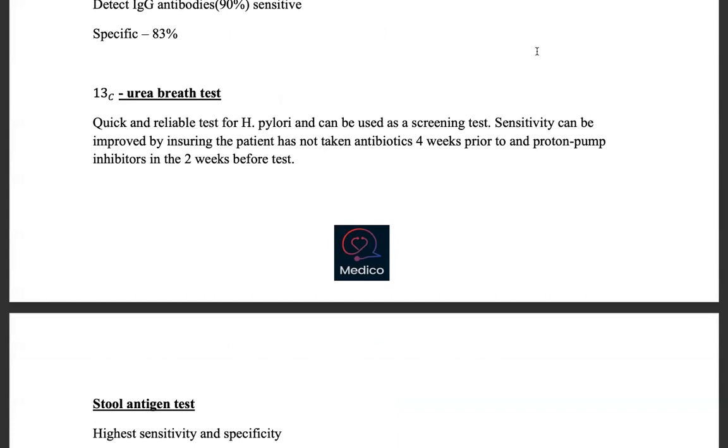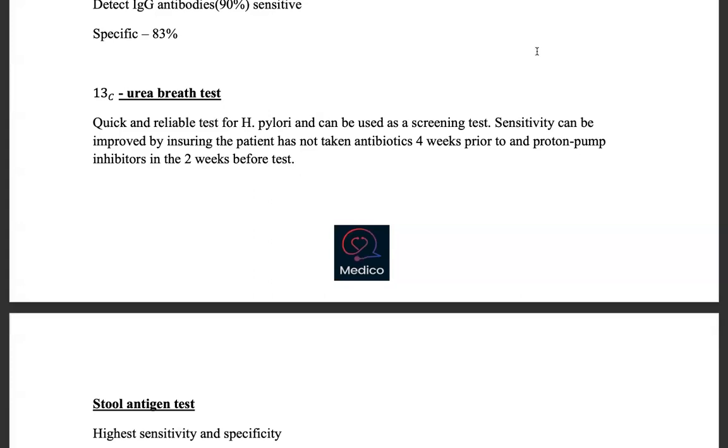And the sensitivity can be improved by ensuring the patient... that means the sensitivity, the chance of getting a positive value, can be improved by ensuring the patient has not taken antibiotics 4 weeks prior to, and proton pump inhibitors in the 2 weeks before, the test.